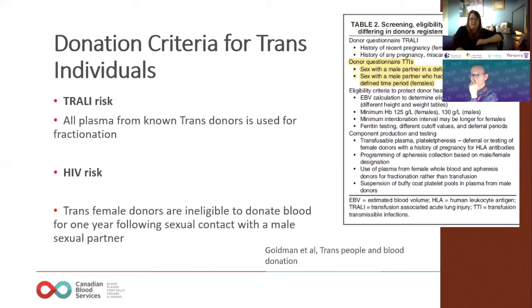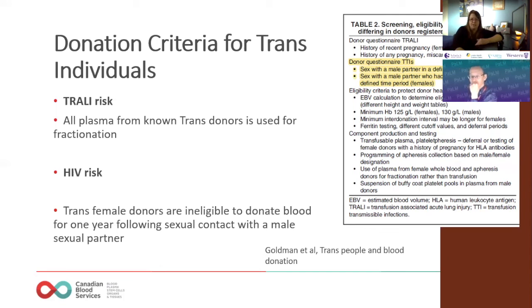All of our donation criteria are not based on an individual person's risk assessment, but rather on a broader category that the donor fits in. So in this criteria, trans donors who have not had lower gender affirming surgery are screened in the sex assigned to them at birth.